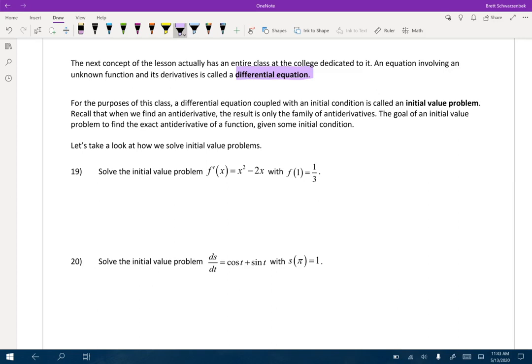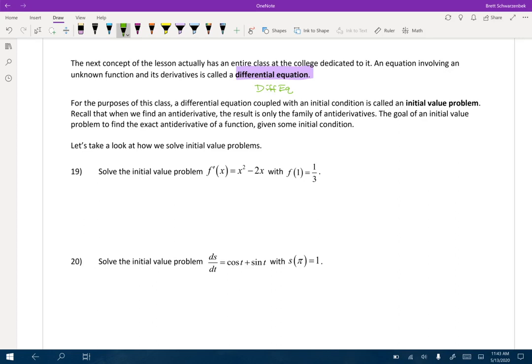But you'll tackle differential equations briefly in Calc 2, and there's an entire class called differential equations at the college. And by the way, it's abbreviated DiffEQ. Those of you who are engineering that are taking this class, you are very familiar with this class on your future schedule because it's very important.